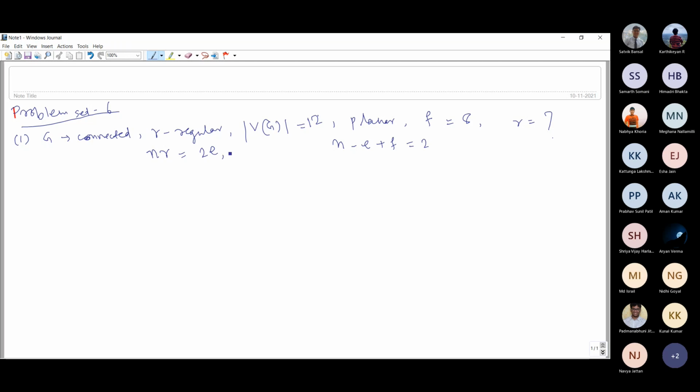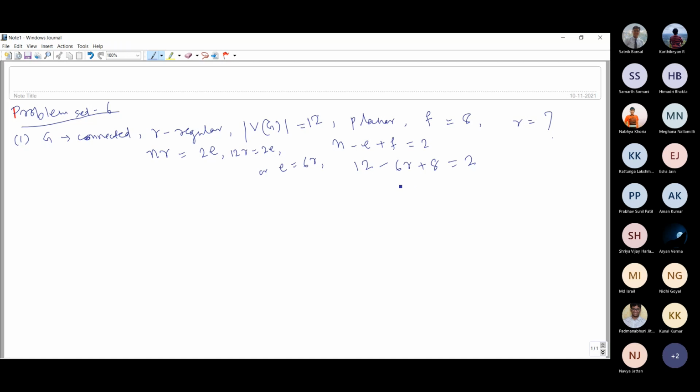The value of n is 12, and therefore you get 12r is equal to twice e, or e in terms of r is 6r. Now you substitute the values: n is 12, e is 6r, and f is 8, and this is equal to 2.